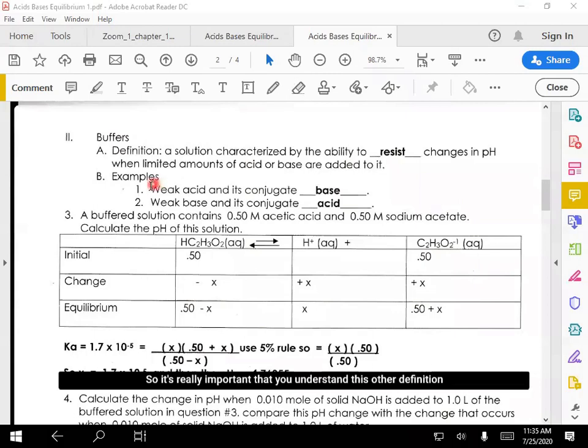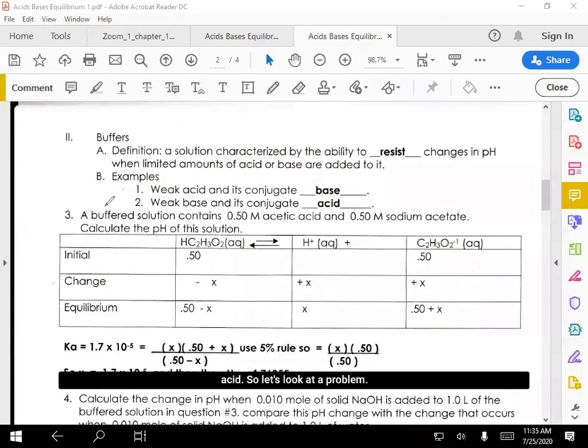So it's really important that you understand this other definition of a buffer: a buffer system would be composed of a weak acid and its conjugate base, or a weak base and its conjugate acid.